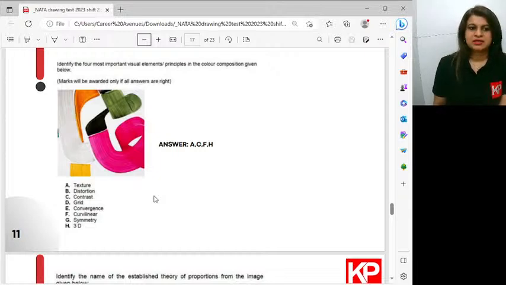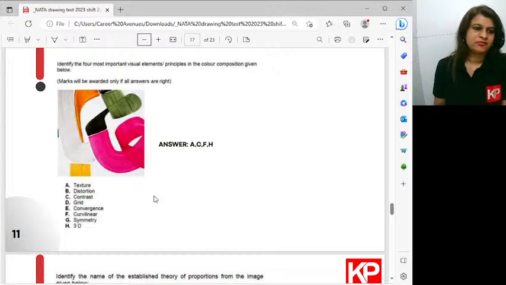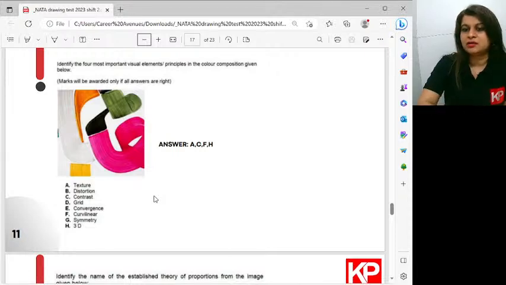There is red and there is a little bit of pink, or you can say fuchsia pink, right? So pink is again a tint of red, and red and green fall opposite on the color wheel. So yeah, this is contrast. Then it's curvy linear, right? It's curvy linear, and we can also see there's a little bit of 3D.